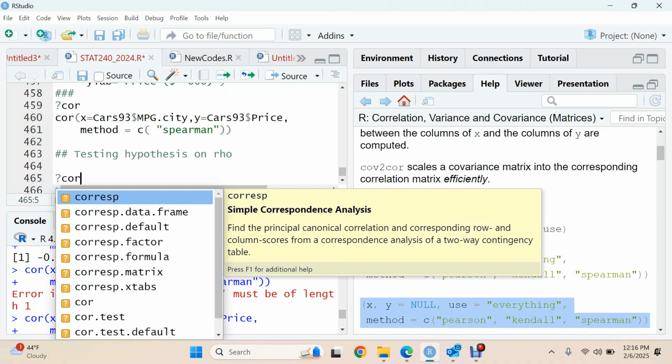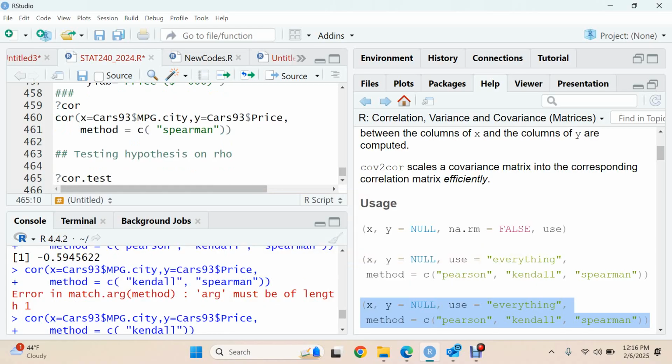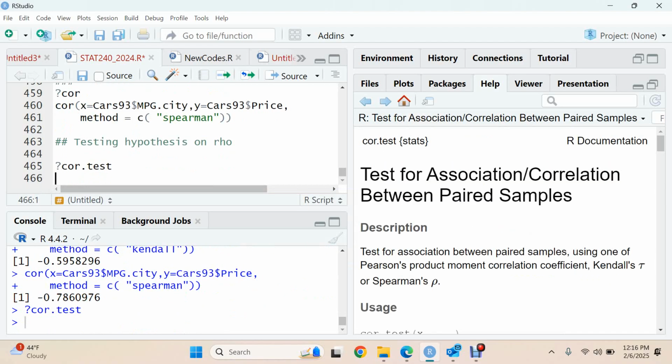So it tests for association or correlation between what? Paired samples. For correlation, you actually need paired samples. I cannot find a correlation if one sample size is 10 and the other is 15. It won't be possible. You must have corresponding observations.